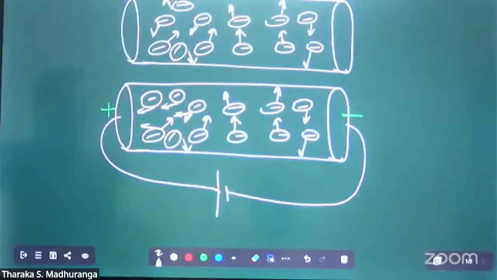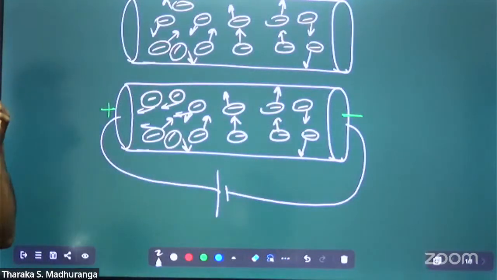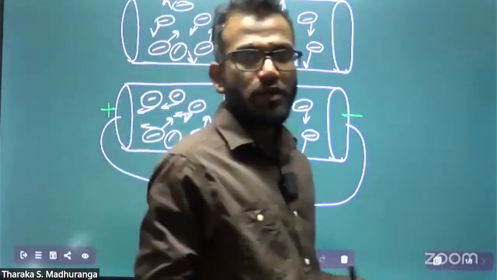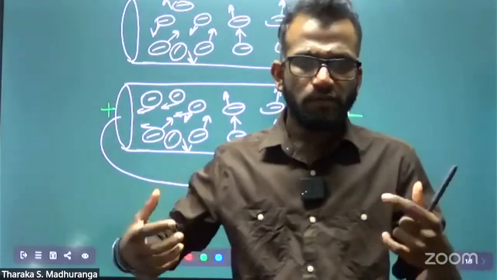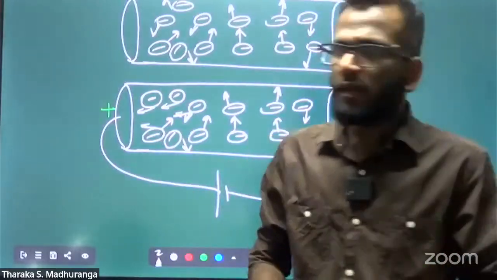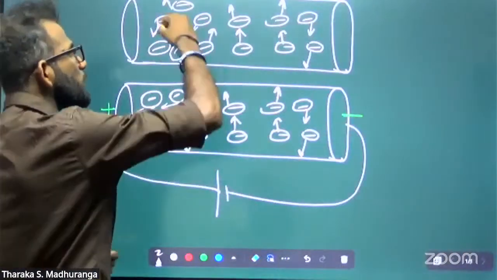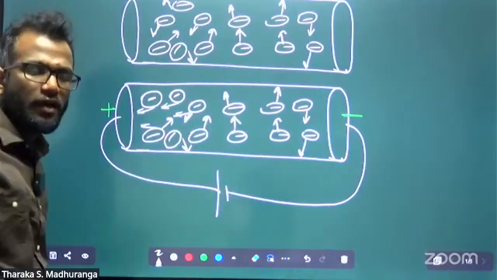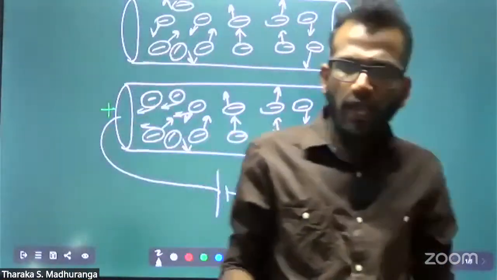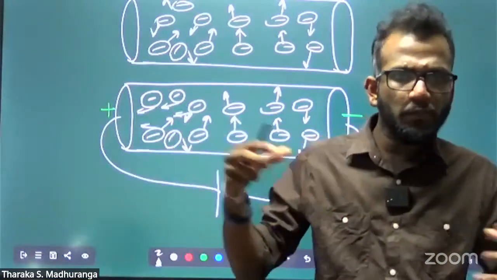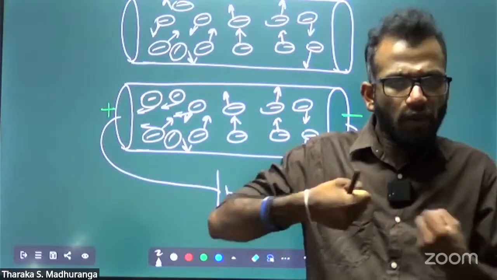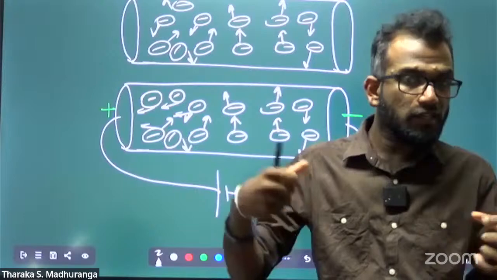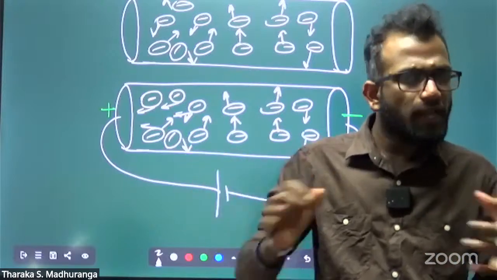Okay, sorry. What I told is, if there is no potential difference, that means no voltage supply, the electrons are freely moving along this conductor with no direction. They randomly move in different directions, they collide and change directions, moving like air molecules.